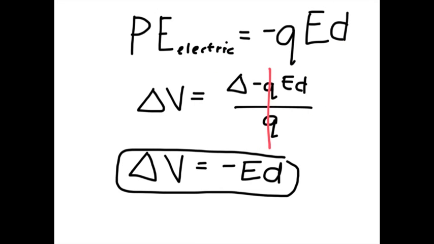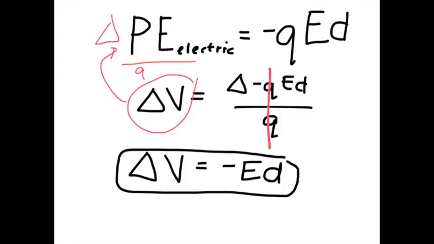So as I mentioned before, electric potential energy is equal to negative QEd, or negative charge times the strength of the electric field times displacement. We also know that this delta V, or potential difference, is equal to the change in potential energy divided by the charge. That's another equation that we've gone over.